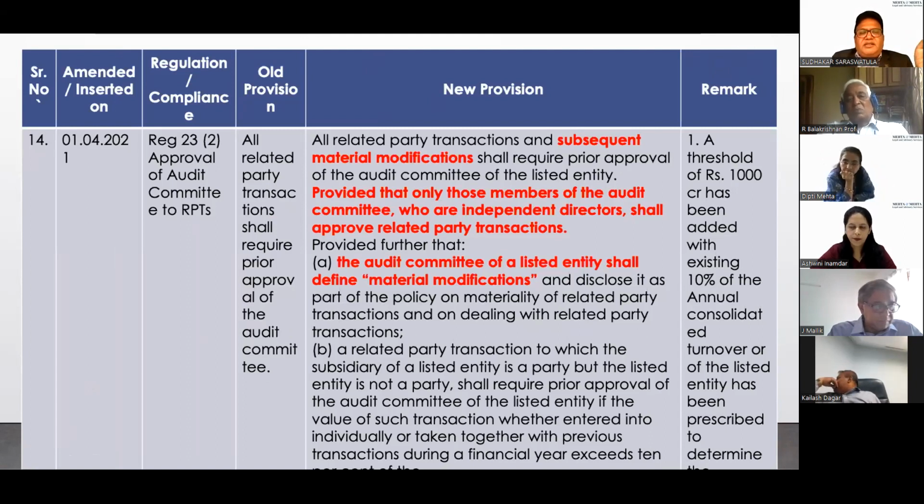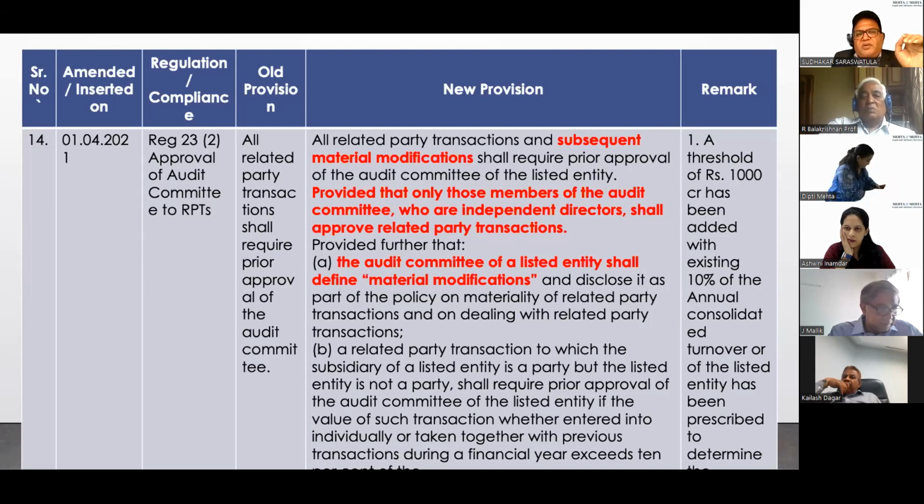Earlier, the concept of material modification was not there; they just said that unless there is a modification, you don't need approval. Now they have brought in the concept of material modification, and fortunately, what is a material modification has been left to the companies. They have not prescribed any percentage or limit. This is the only saving grace SEBI has given, according to me.